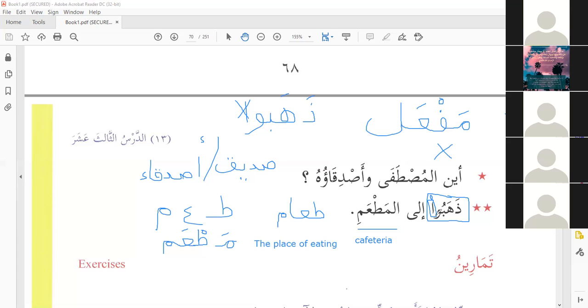There is a separate form for a group that is only female, but we will learn that at a later time. The masculine form is the default. It applies to both groups of men and mixed groups. So we'll learn that first, and we'll get to the feminine forms later. Thank you, good question.